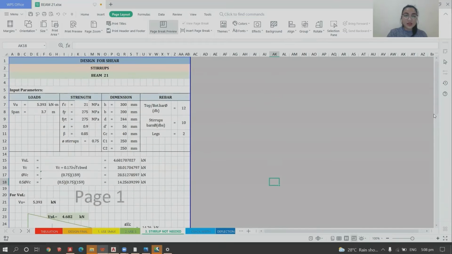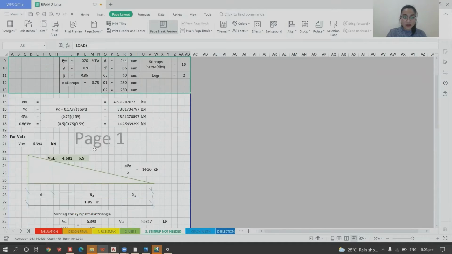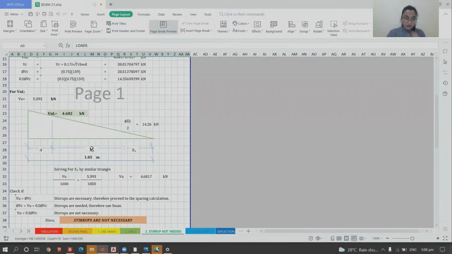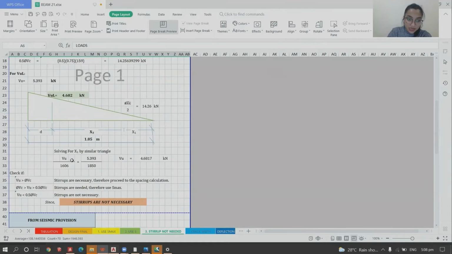Same parameters. So we have Vu equals 5.393. Then we have Vc over 2 equals 14.26. Then we have Vu at L of 4.682. By similar triangle, we can get Vu equals 4.6817.